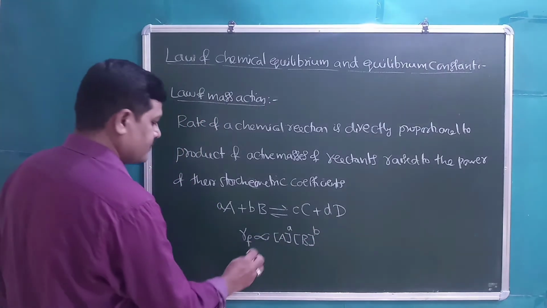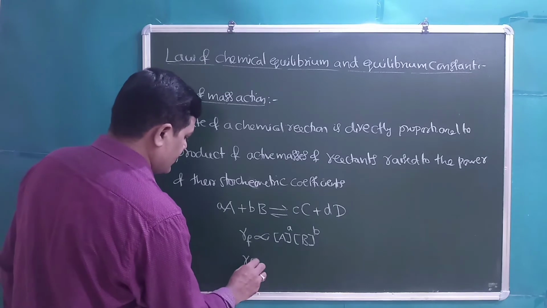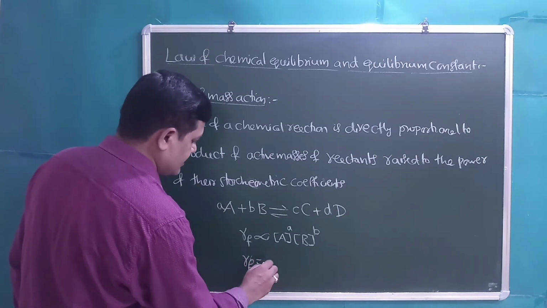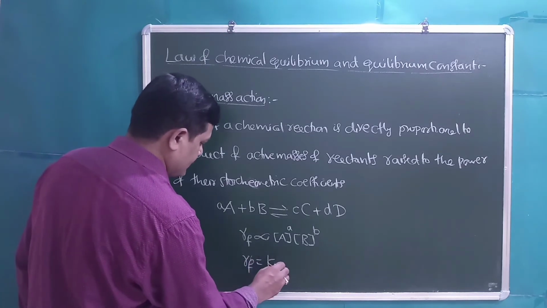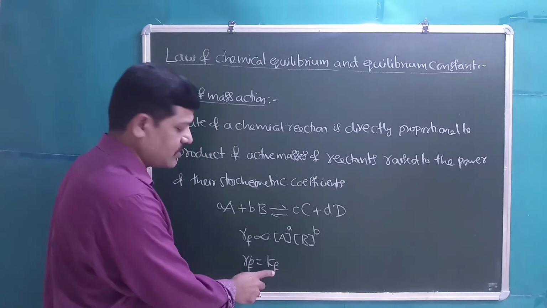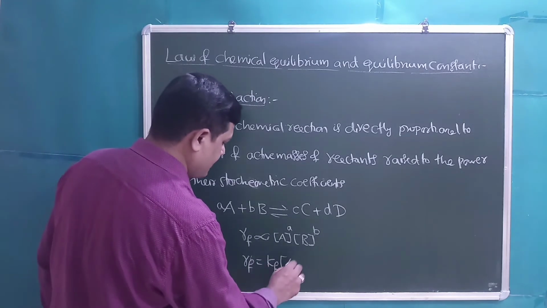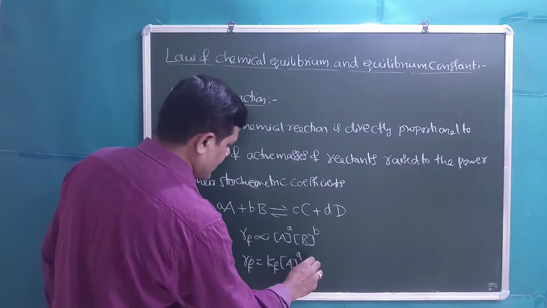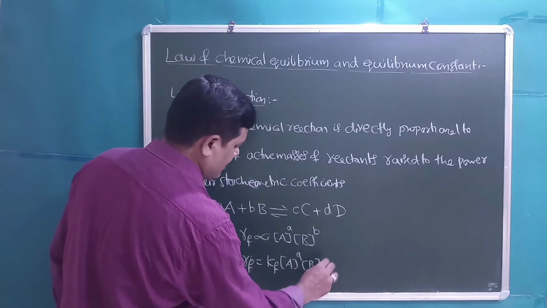Then we can introduce a proportionality constant Kf, that is the rate constant for the forward reaction. Rf is equal to Kf into [A]^a multiplied by [B]^b.